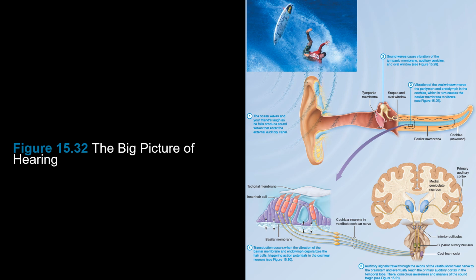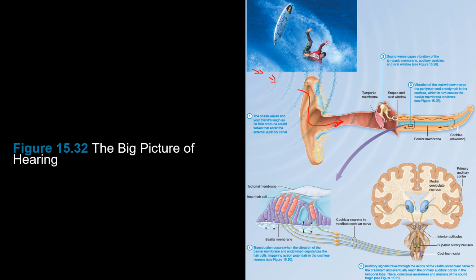Number 1, what do we have? We have the ocean waves and your friend laughing as he falls off the board. All of these are producing vibrations, and those vibrations are bumping into the molecules of the air around them, and those molecules bump into the molecules after them, and so on until those vibrations reach your outer ear. Your outer ear catches them and diverts them down into your external acoustic meatus.